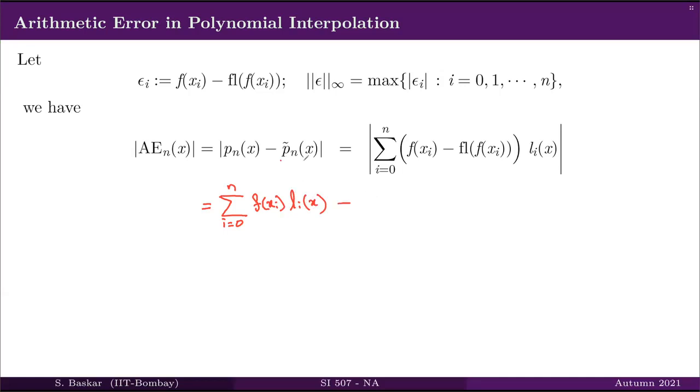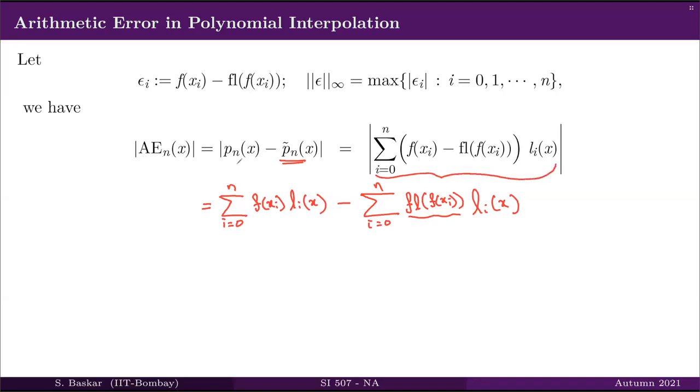Minus for Pn tilde, we have taken the function values as the floating point approximation of f of xi's. Therefore, that will sit as the coefficient, and then the Lagrange polynomials Li of x. That can be written as sigma i equal to 0 to n, f of xi minus fl of f of xi, into Li of x.